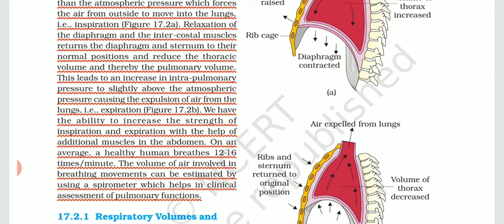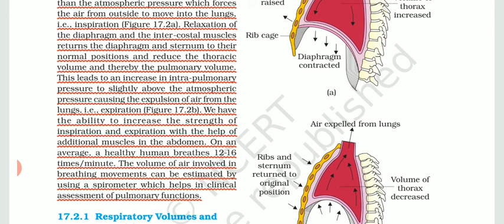So we have the ability to increase the volume of air. During the morning walk, yoga and meditation, this is recommended because more oxygen is entering, and it is directly proportional to your energy. More oxygen means more breakdown of glucose, and more energy will be produced in the body.